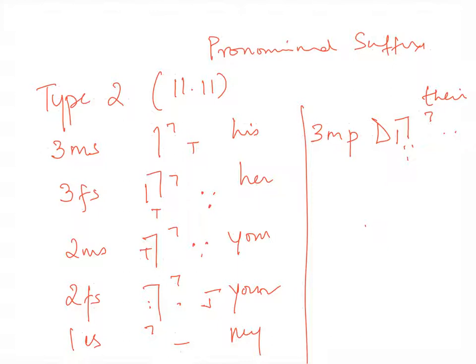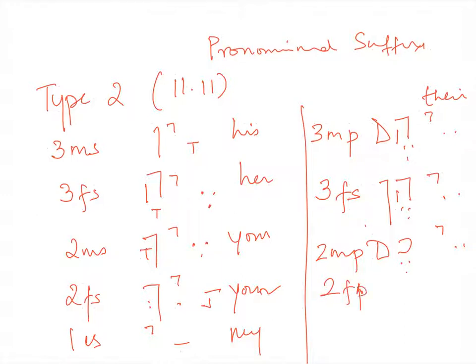You can have the objective value also, and I will tell you the objective value when I read them out. 3FP is hen, 2MP is chem, 2FP is ken with the yod, and the 1CP is the nu with the yod, and sorry, it's not a patak, it is a sere.